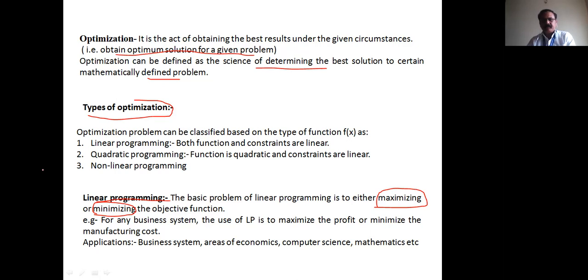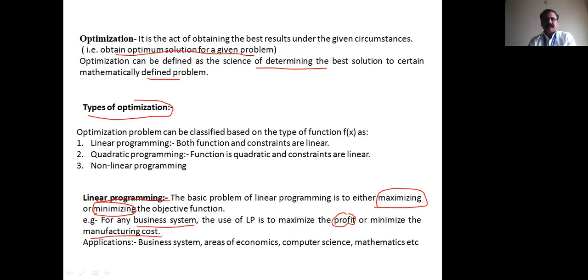So in case of any business system, first try to understand the objective function. For any business system, the objective function is either profit or manufacturing cost or production cost, or sometimes it is manufacturing time required to manufacture the components.